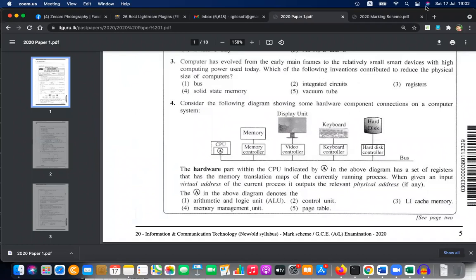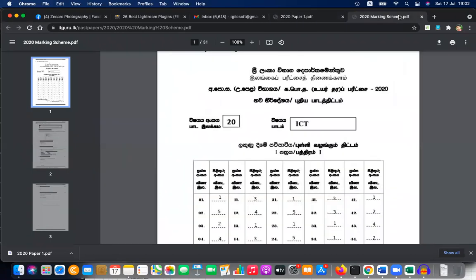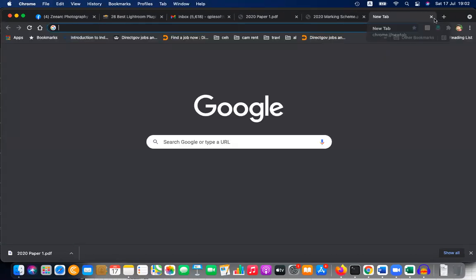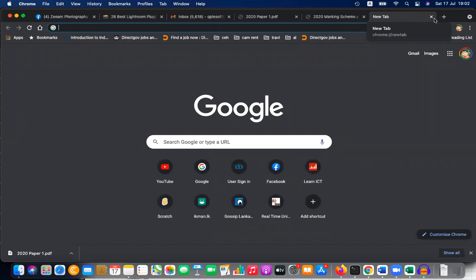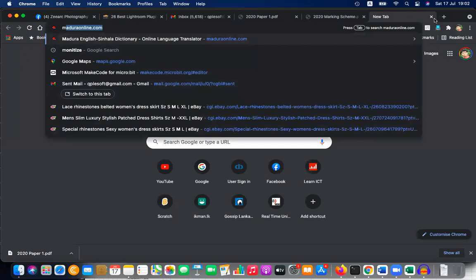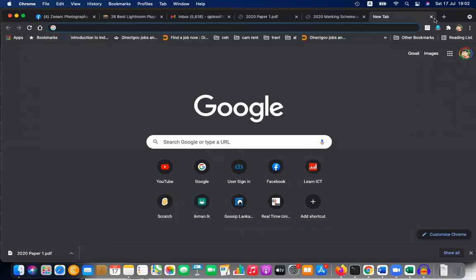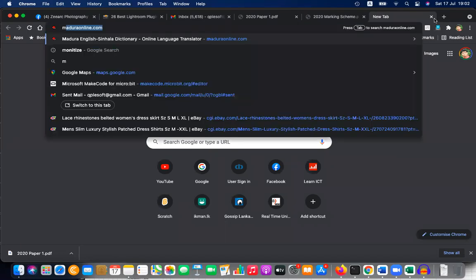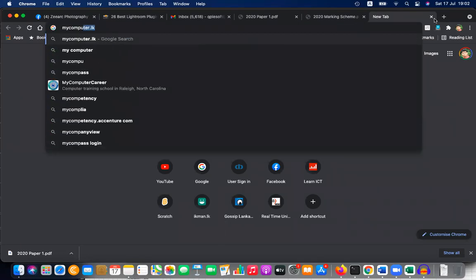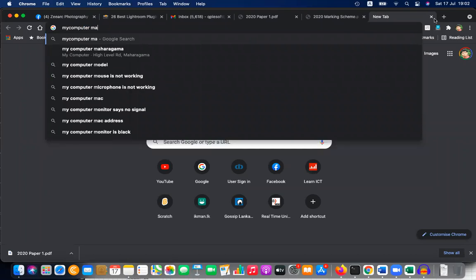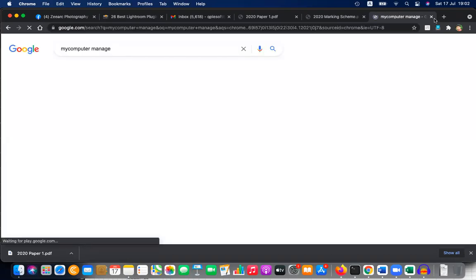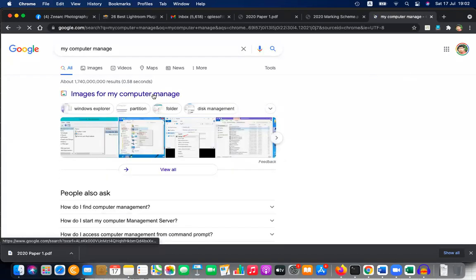Memory addresses are there in the computer. Right click on This PC and select Manage, and you will see the management console.